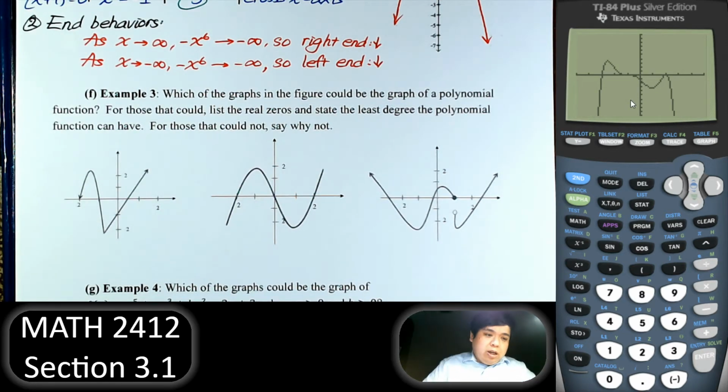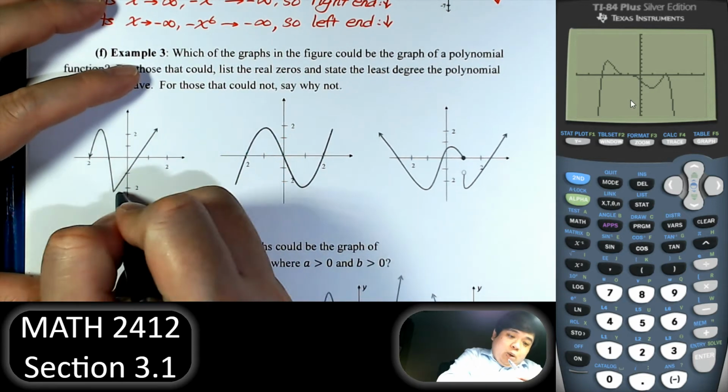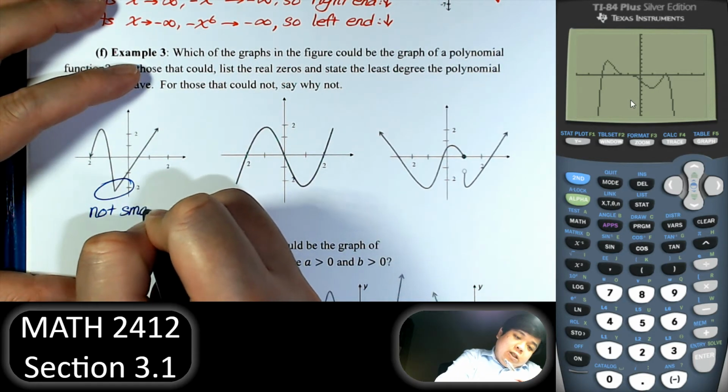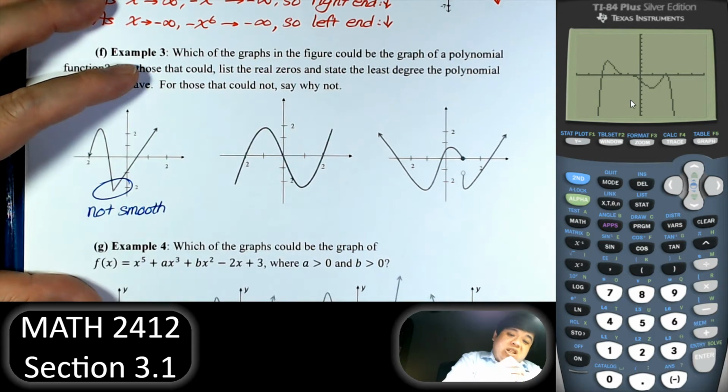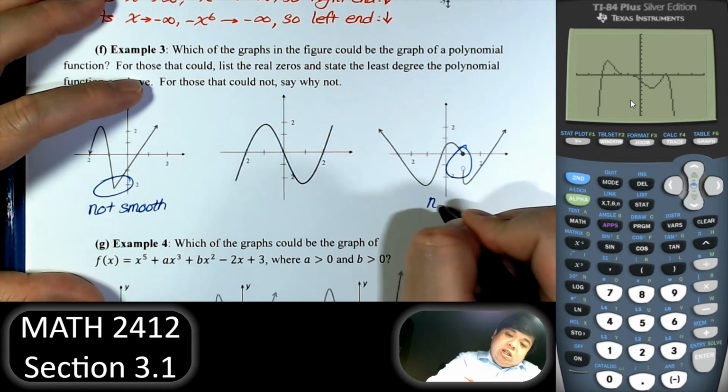Right, more examples. Which of the following graphs can be a graph of a polynomial? So, the graph of a polynomial is smooth and continuous, two things, right? So, when we see this, that is not smooth, so it's not a polynomial. There's a gap here, so it's not continuous.